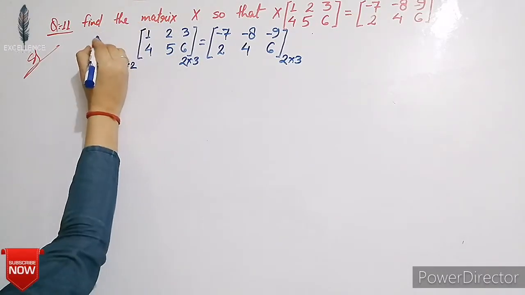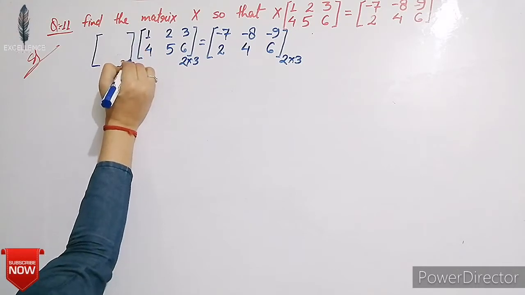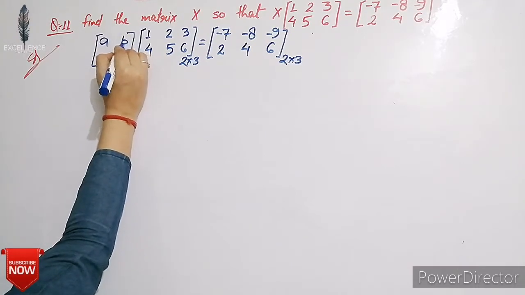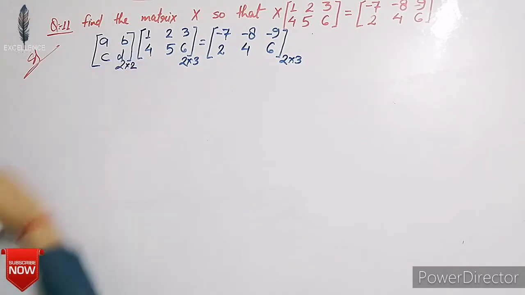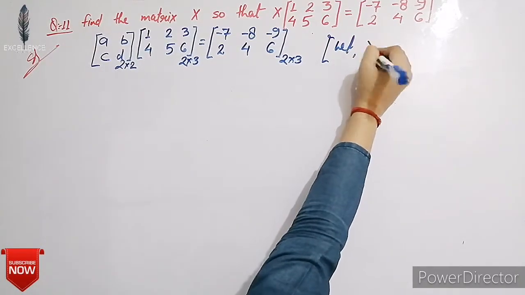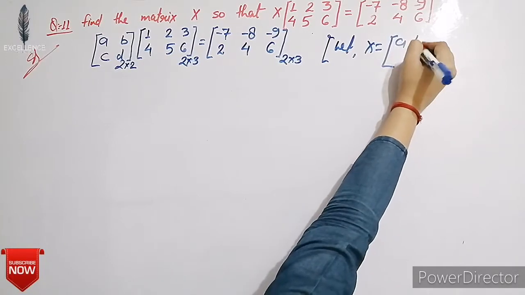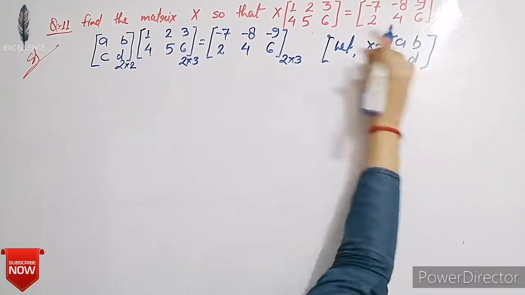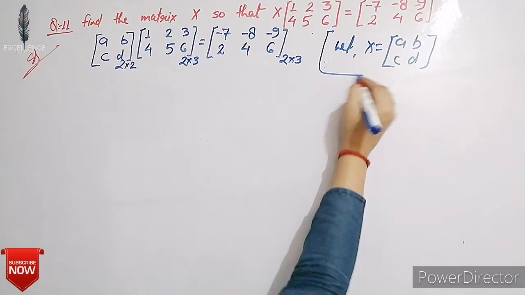So let X equal A, B, C, D. Here we let X be any matrix equal to A, B, C, D of order 2 into 2.